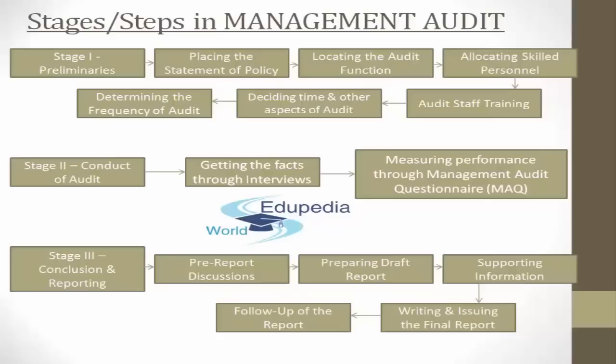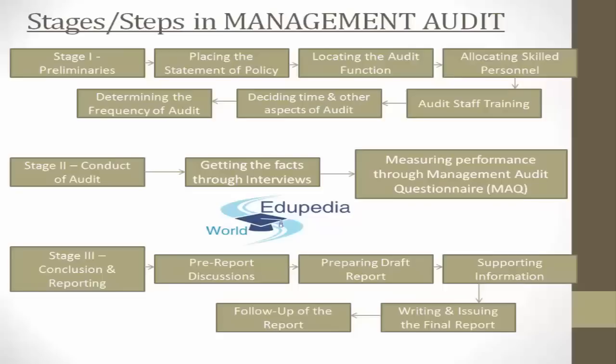After providing them the training, you need to decide on the time and the other aspects. So management should decide on the time required, the cost which will be involved. Obviously, you need to have a fair idea about the cost as well. And finally, the use of experts. How many experts do we need to complete that audit in the course of the management audit?